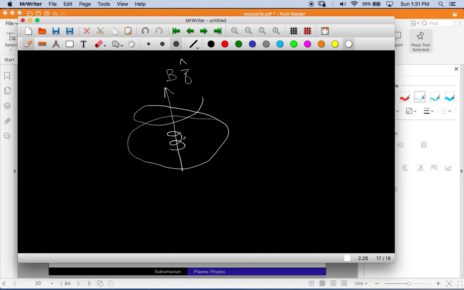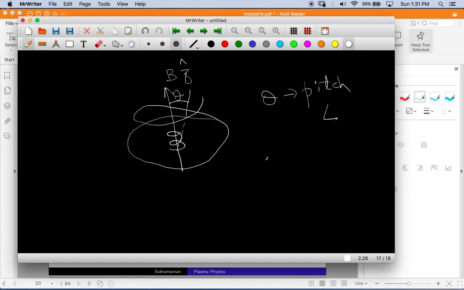And the thing distinguishing these two is if you can draw a tangent from here, this theta is what's called the pitch angle.